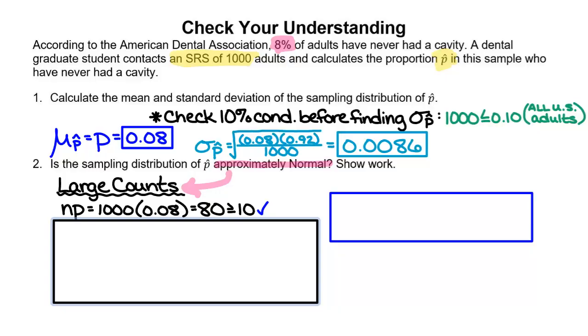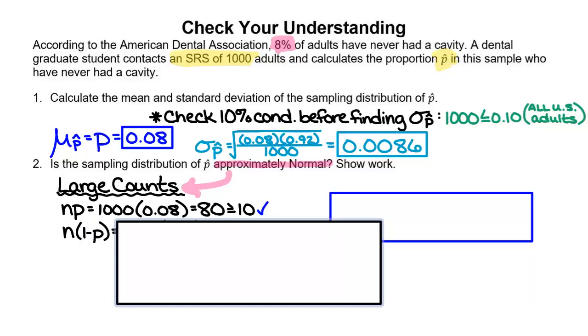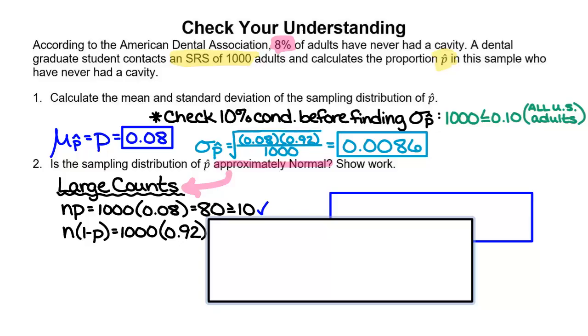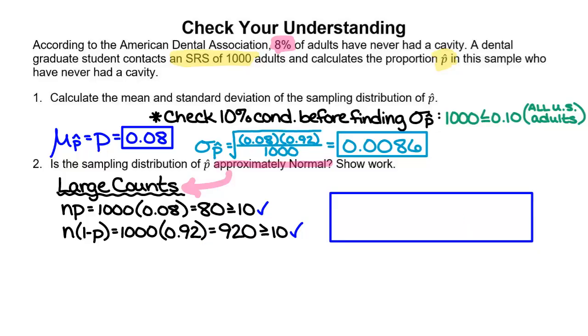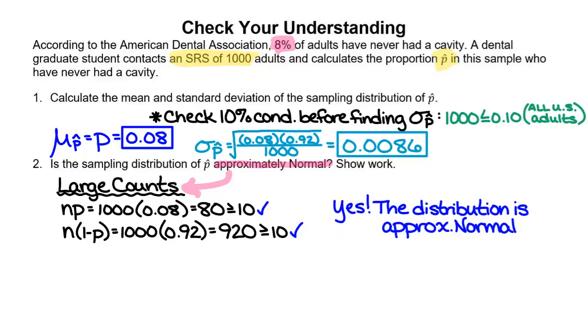I still need to check N times 1 minus P. What does that come out to? 920. That's at least 10. And so we can say confidently that the shape is approximately normal. Please do not say normal. If you say it's normal without the approximately in there, you are implying that it is exactly normal, and we don't want to do that.